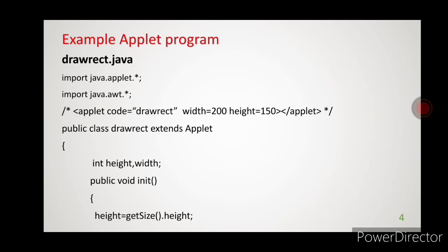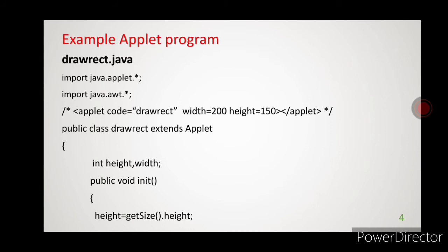Which applet program we are executing, that program name or class name we need to specify, and the height and width for that applet window. Next we will write the normal Java class which will extend the applet.